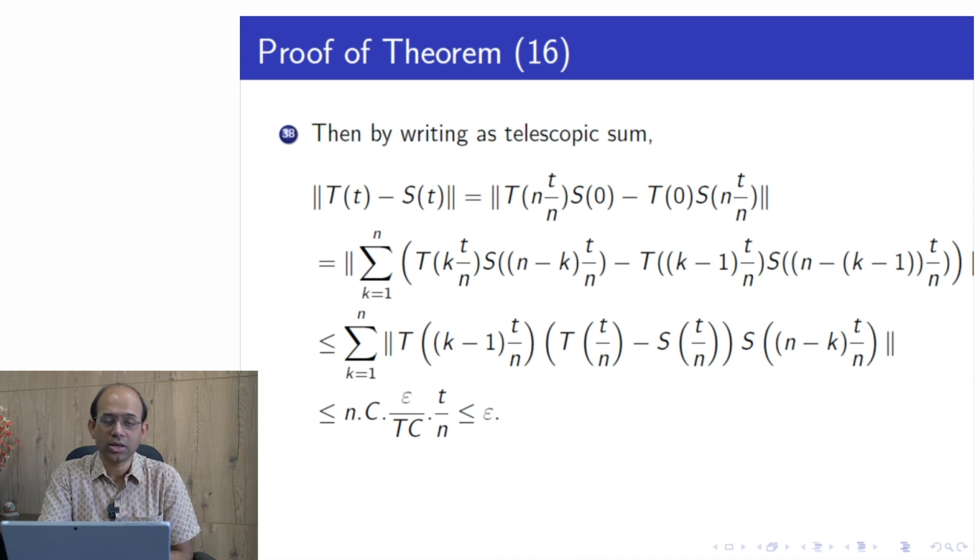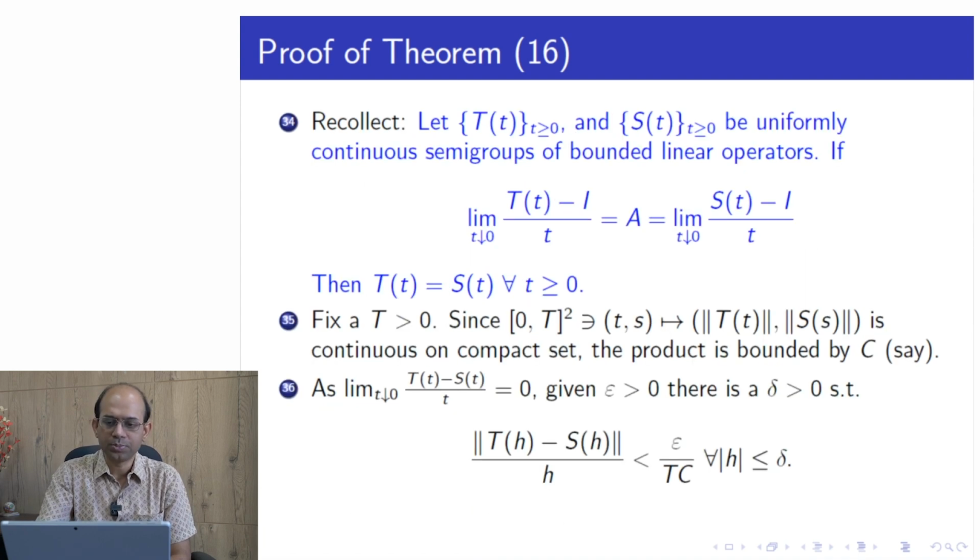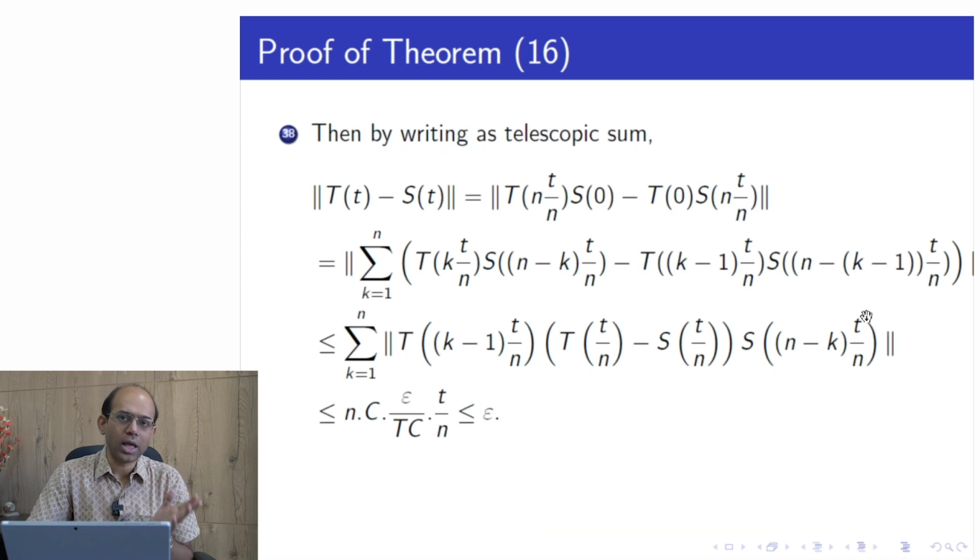However, this capital T of k minus 1 t by n, S n minus k t by n, all this together we can bound by capital C. Why? Because the product of the norms of capital T and capital S is less than or equal to C, which we have argued here. The product is bounded by C, as long as the entries are in the interval 0 to capital T. That is true here because k is 1 to n, so this entry is at most t.